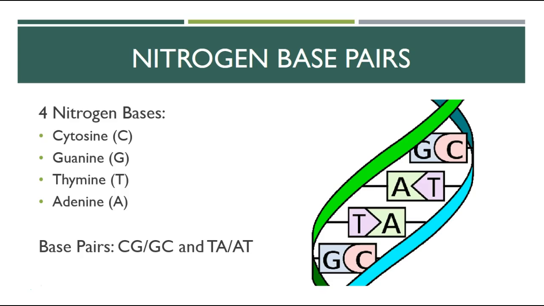It could either be CG or GC. But C and G are always paired together. And T and A are always paired together as well. It might be TA or it might be AT. But T and A always go together.